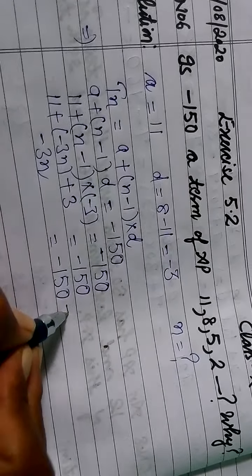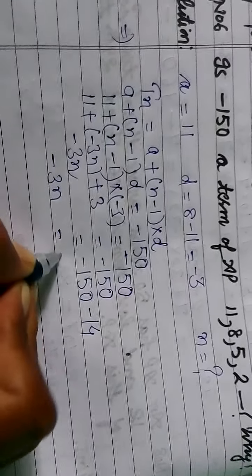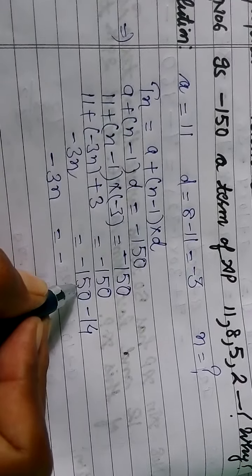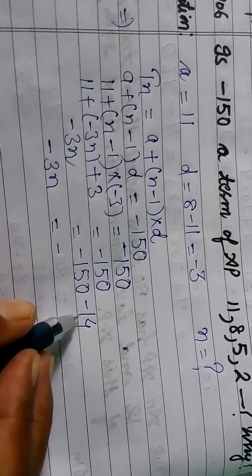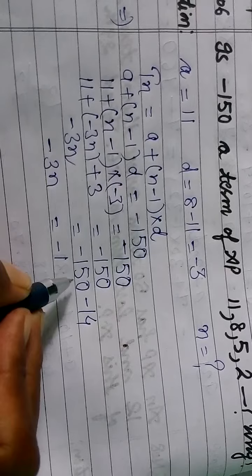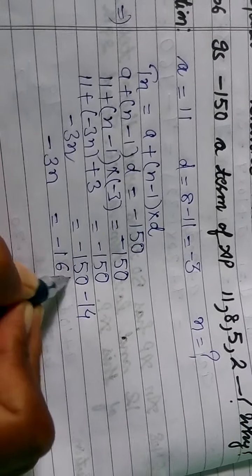So minus 3n will be equal to minus 150, and this plus 14 will turn minus 14 on this side, and further minus 3n will be equal to minus 150 minus 14, so it will be minus 164.